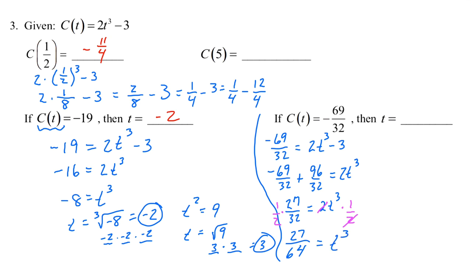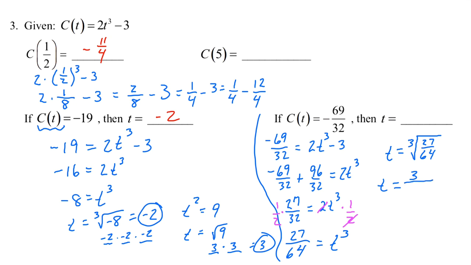And just like before, if it's a cube, we take the cube root of both sides. And the cube root of a fraction is the cube root of the numerator over the cube root of the denominator. The cube root of 27 is 3, because 3 times 3 times 3 gives you 27.